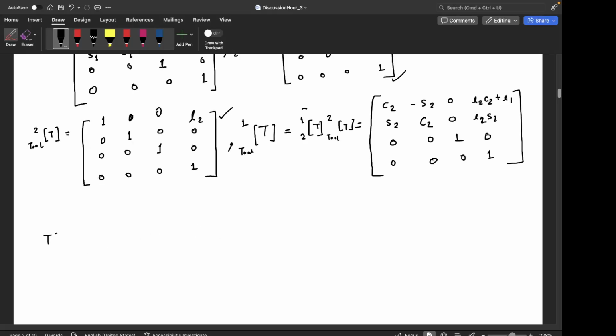Finally, we have to multiply to get the desired transformation, that is from tool to 0, that is 0 to 1, and then 1 to tool.